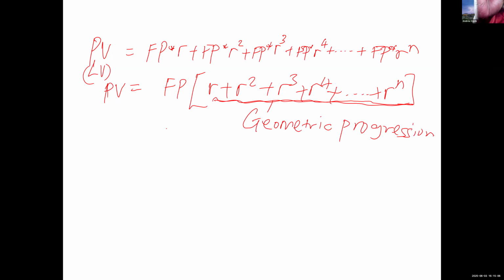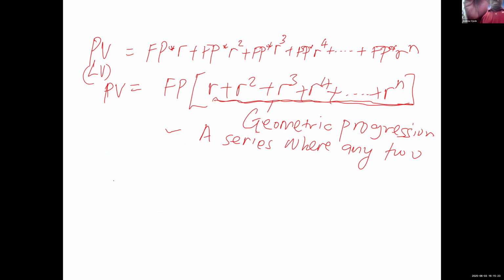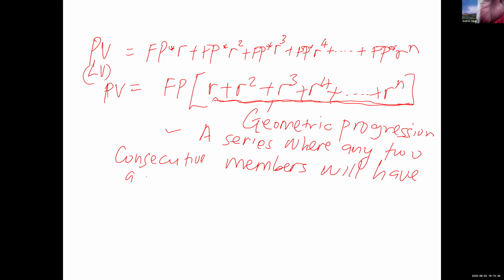A geometric progression series is a series where any two consecutive members will have a common ratio.